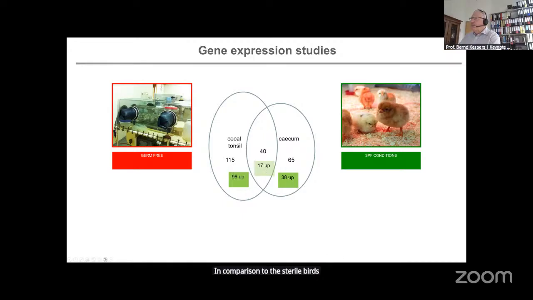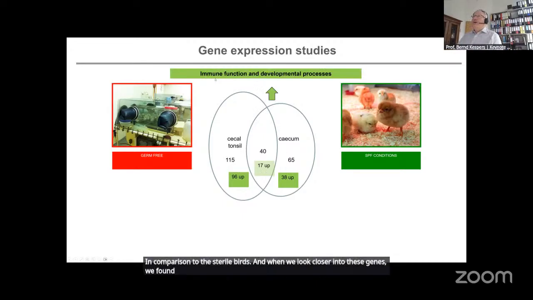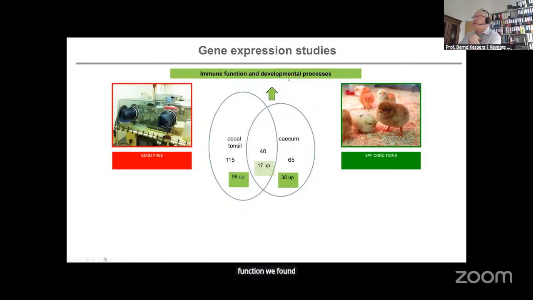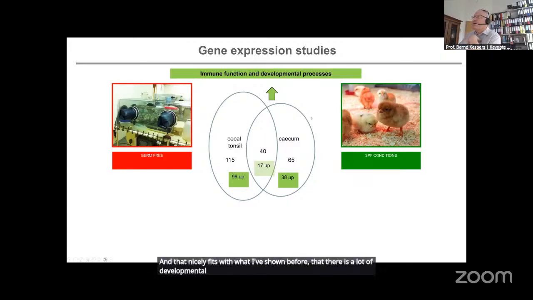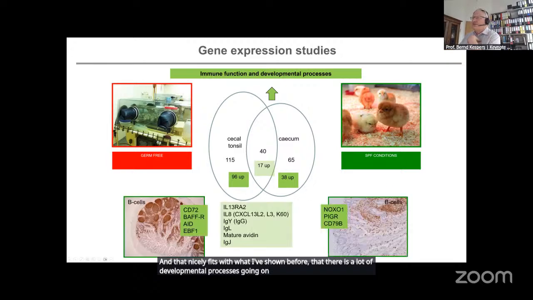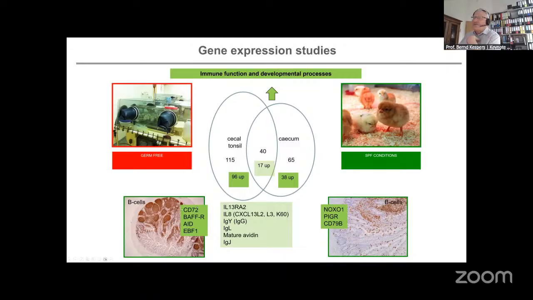And when we look closer into these genes, we found that many of these genes, actually the number one function we found was immune function and development. And that nicely fits with what I've shown before, that there is a lot of developmental processes going on, colonization of these structures. And a large fraction of these genes were somehow related to the B lymphocytes.